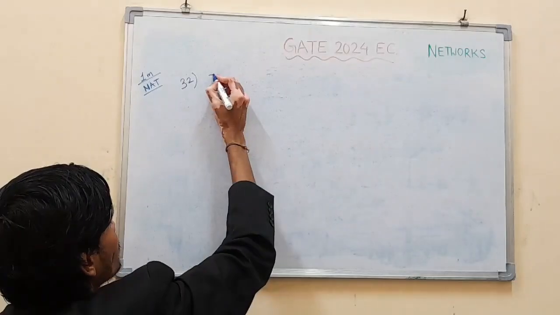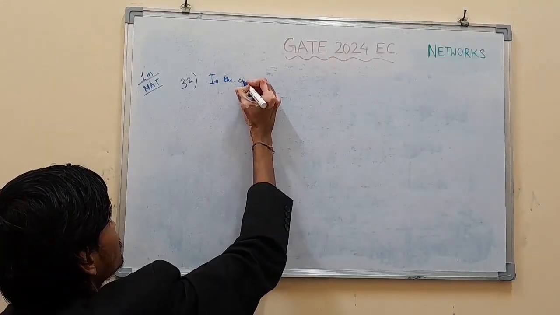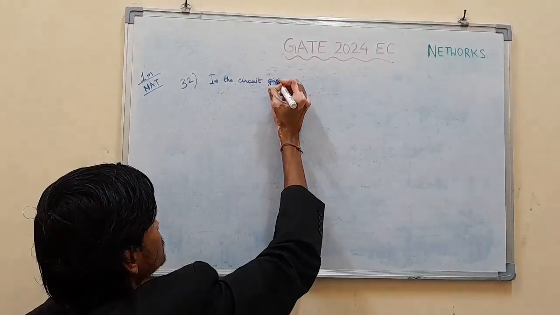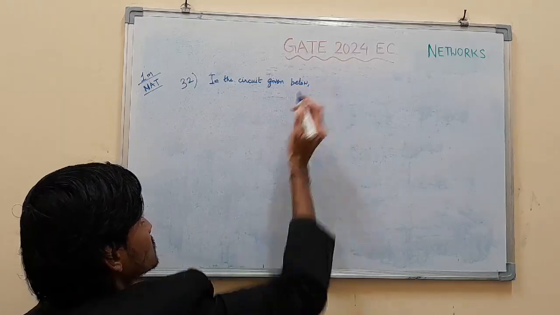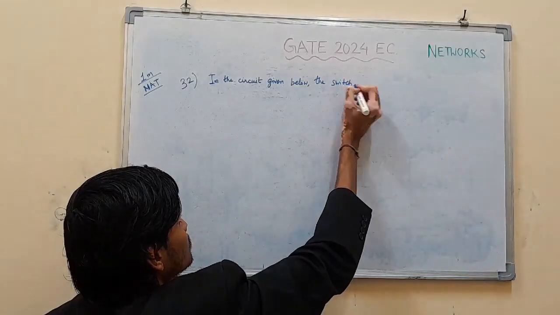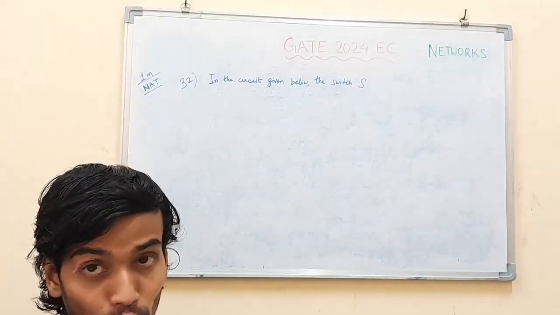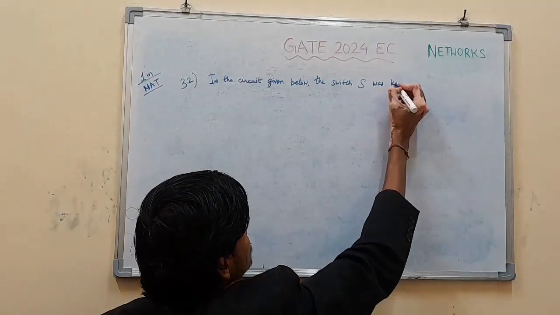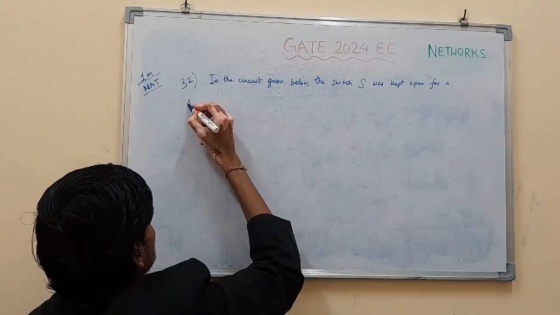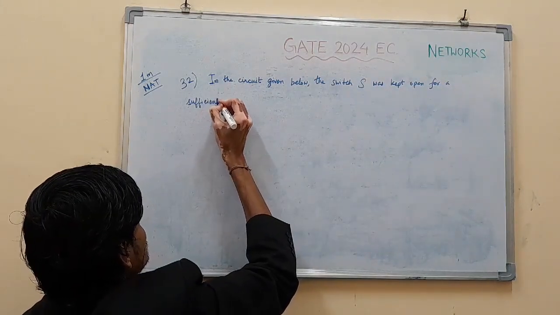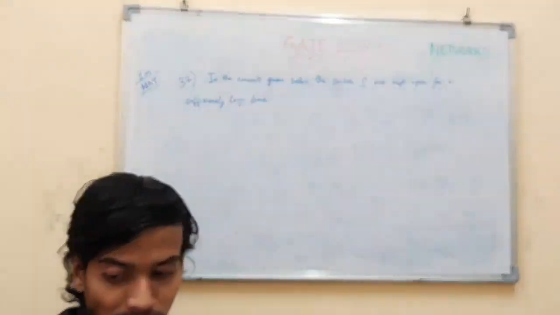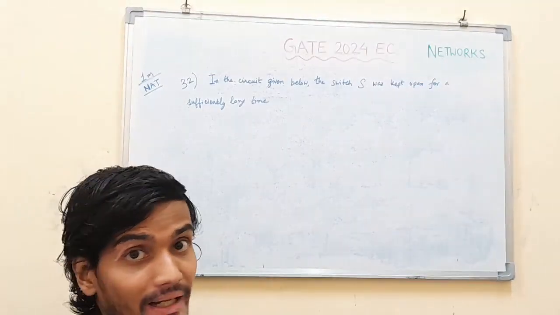It is given in the question: in the circuit given below, the switch was kept open for a sufficiently long time and is closed at time t equal to 0.